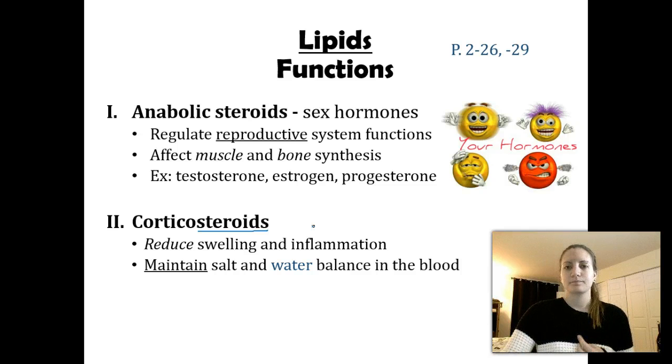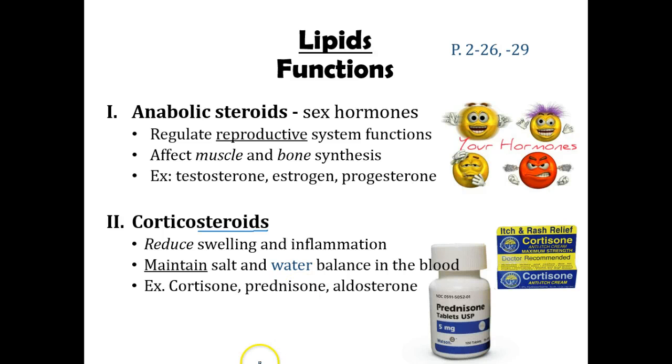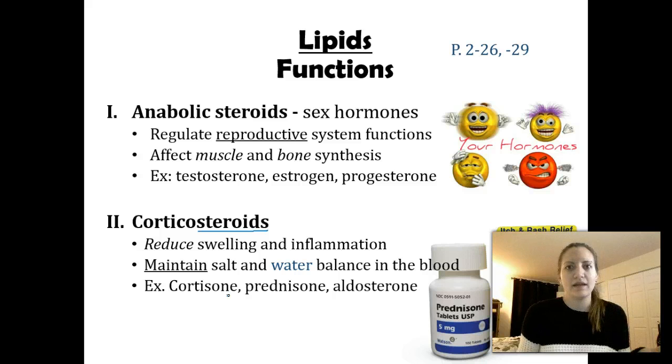Now, some examples, if you've ever had a surgery, and typically you have swelling after a surgery, you may have been put on prednisone, so this middle one. So that one's a really good anti-swelling medication. Cortisone, if you've ever had a rash, typically this comes in a tube in a cream form. Another brand is called Cortaid.